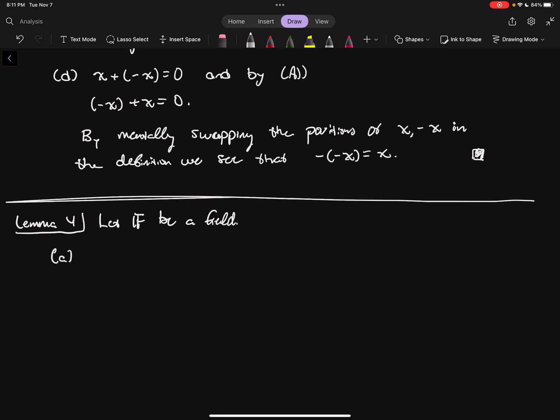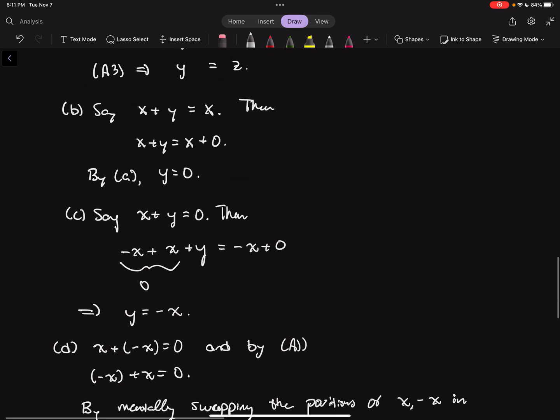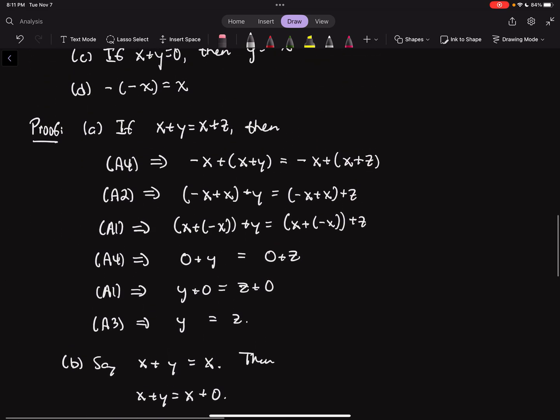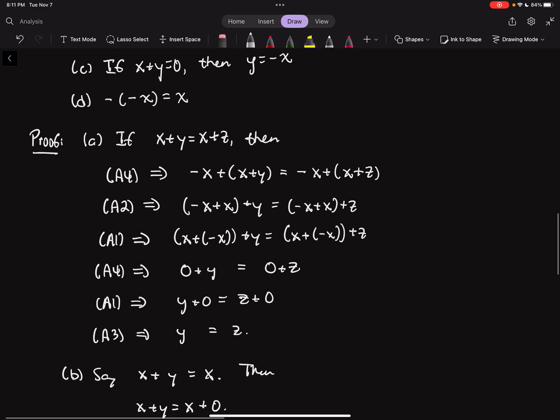And we do need to be a little more careful, though, because we've pretty liberally used negative x in this proof. So if we were thinking about the corresponding statement for multiplication, we would want to use 1 over x, right? But remember, not every element necessarily has a multiplicative inverse. So we need to stipulate that x is non-zero.